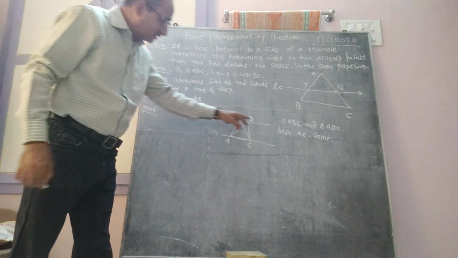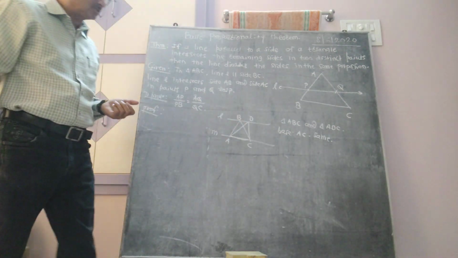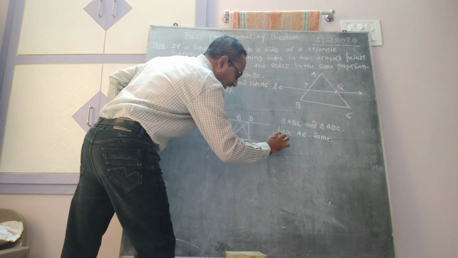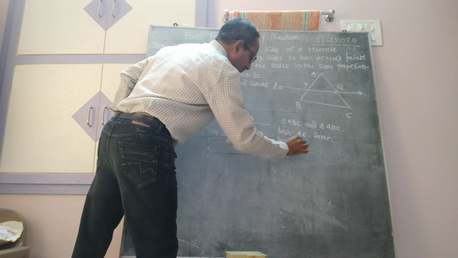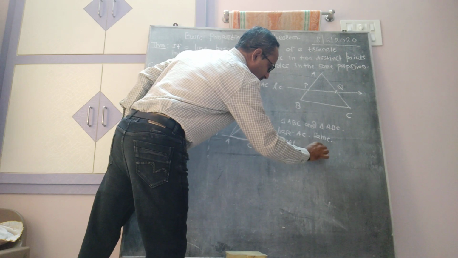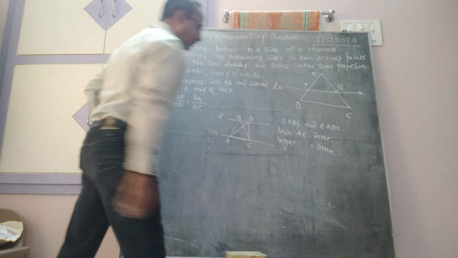Both the triangles are situated between two parallel lines, meaning their heights are also the same.